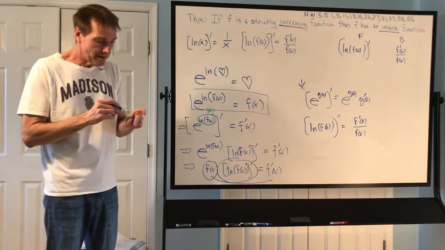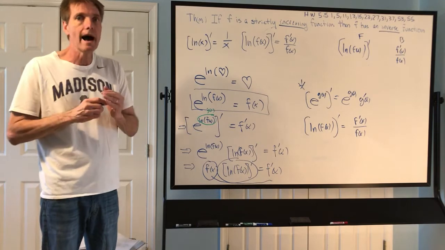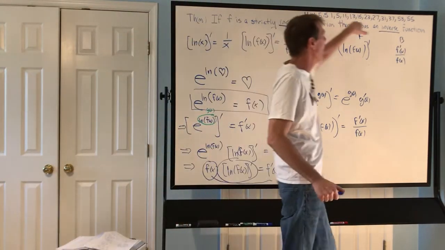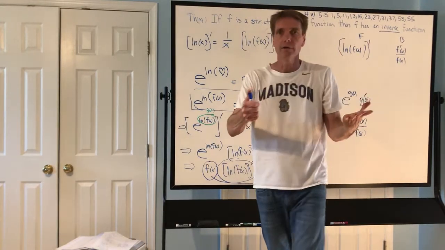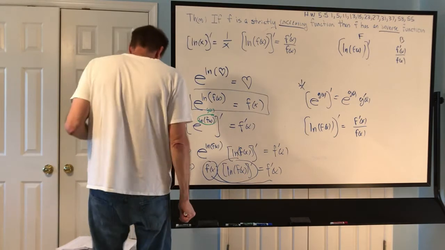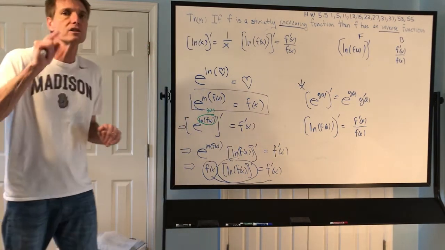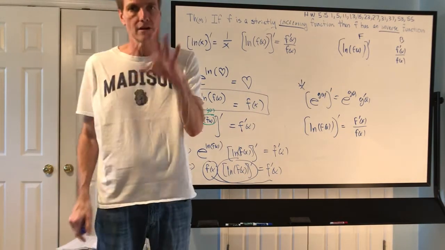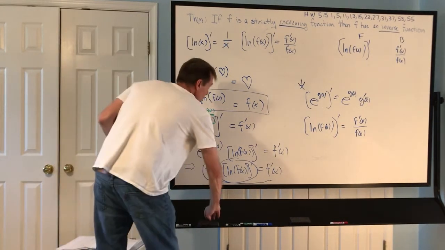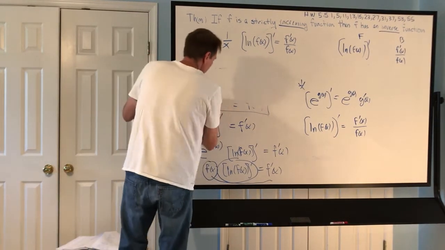Now I just want to look at some problems that would match up well with some of the ones that we have here. There isn't a ton of theory in this section until we start deriving some more properties of the natural log function, but that's not for tonight.